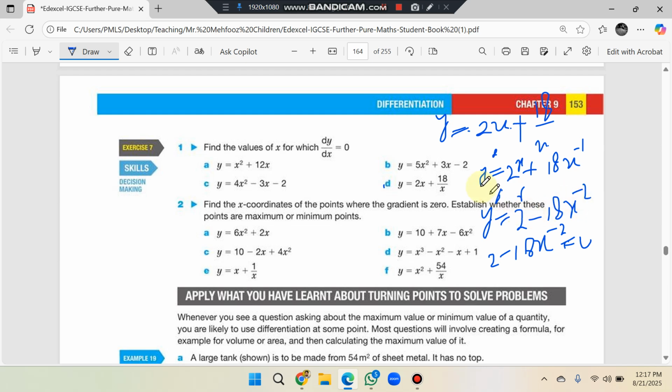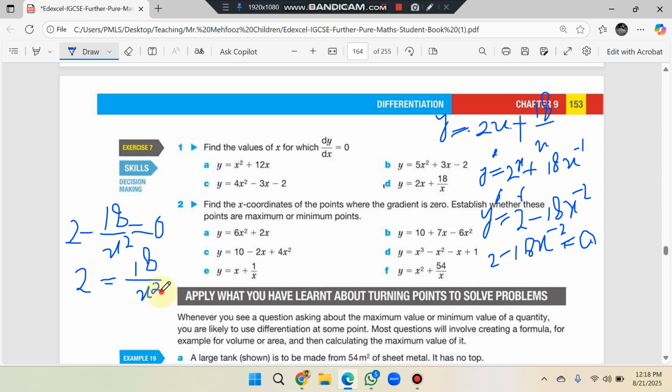After that, we just equate this derivative to 0. So we can also write it as 2 minus 18 over x square is equal to 0. You can see that 18 over x square goes to the right side, so it becomes 2 is equal to 18 over x square.